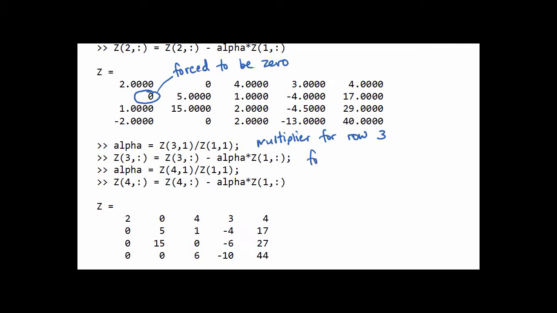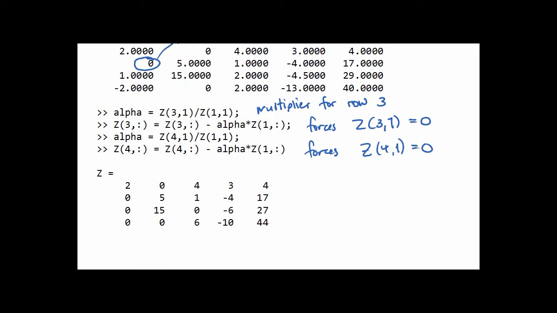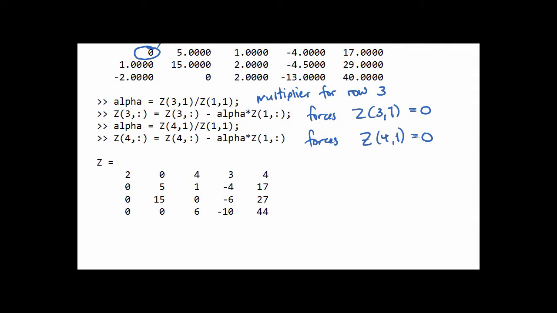So this forces Z31 equal to 0. Then we do it again for row 4, which forces Z41 to be 0. And that changes some of the other entries of the matrix, but we do now in fact have the beginnings of our upper triangular structure. The first column is now all set for an upper triangular matrix.